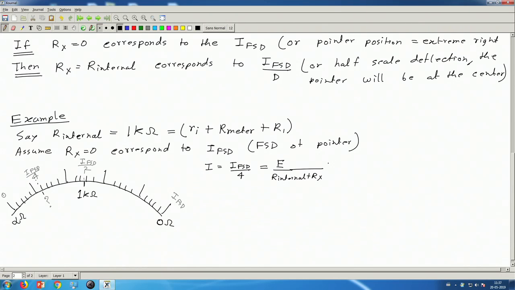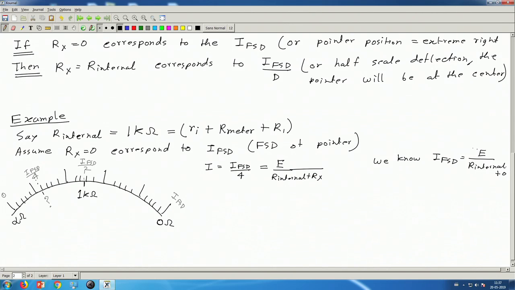Let us solve it, and we also know that IFSD is equal to E by R internal, because plus 0, Rx equal to 0 means full scale deflection current.